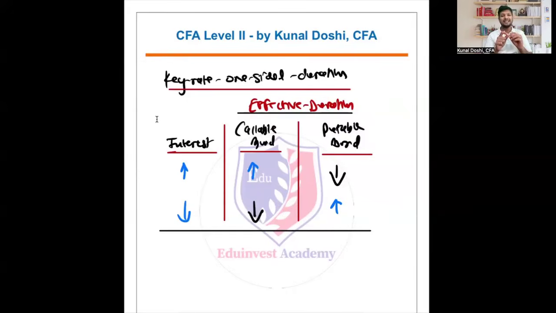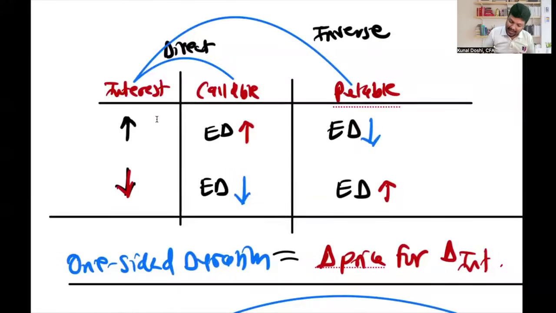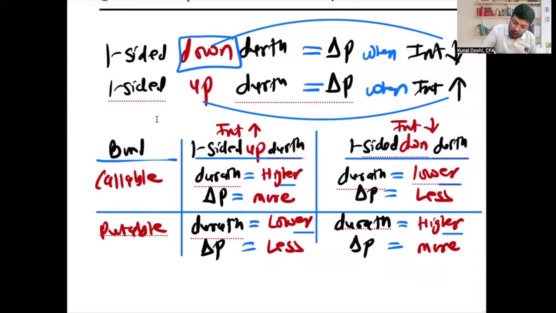For callable bonds, when the interest rates increase, the downside, the fall in the price of the bond, is going to be pretty much normal. But in a callable bond, when the interest rates fall, normally the bond prices should increase, but the change in price is going to be less because the issuer will call back.